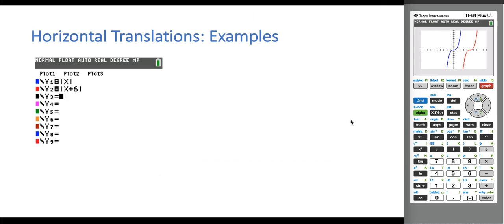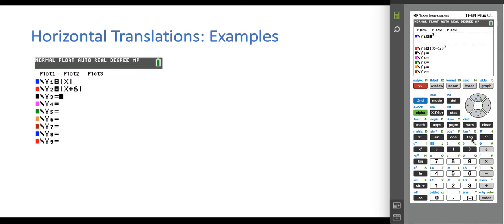Now, let's try this one. So this is a different function, the absolute value function. So I'll go back to y equals x. I'm going to clear out the ones that were there before. I'm going to put absolute value. I showed this in a previous screencast, but in case you missed it, press the math key and then use the right arrow to get to the NUM menu.